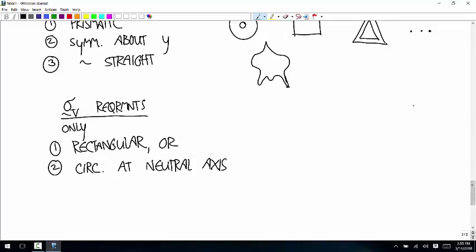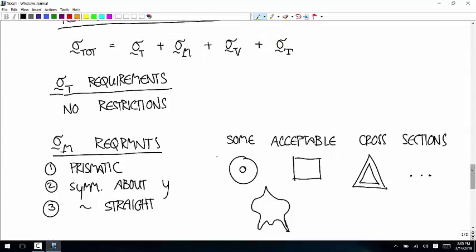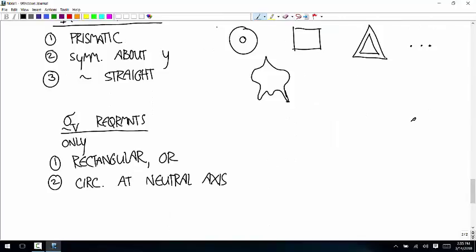Okay, so what are some acceptable cross sections here? Yes, very good. But one thing I should point out is, remember the rectangular one, tall and thin is better.